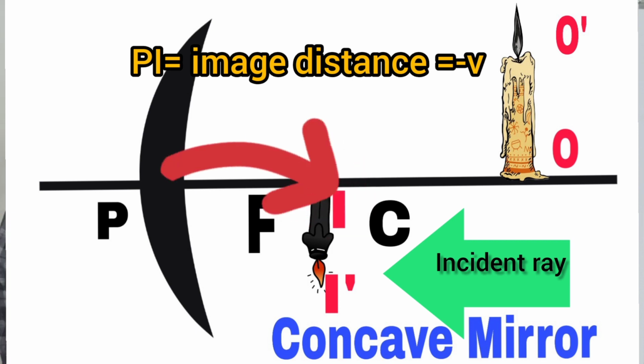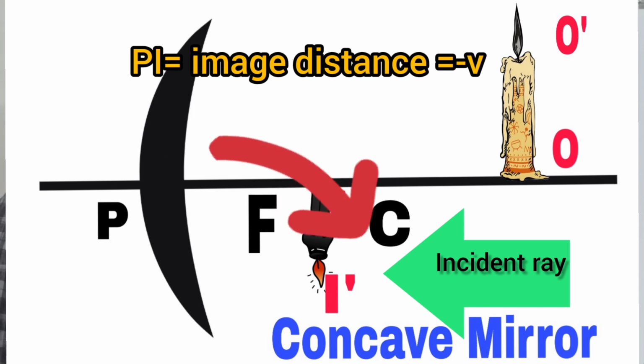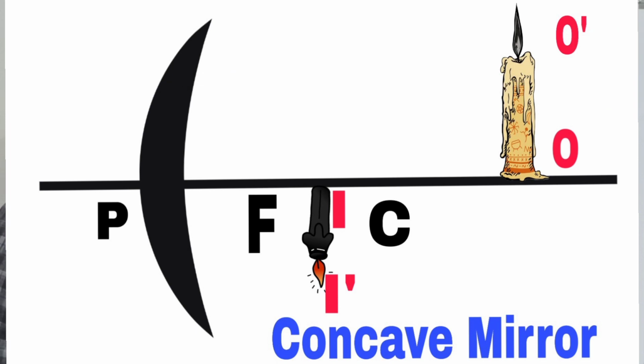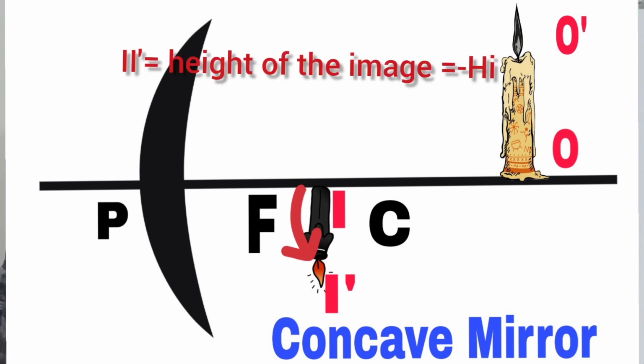The image distance is denoted by v, and since it is opposite to the incident ray, you should consider it as negative. Now the height of the object, which is OO dash in the figure, lies above the principal axis, so you should take it as positive. The height of the image is I dash in the diagram. I dash lies below the principal axis, so you should take it as minus hi.